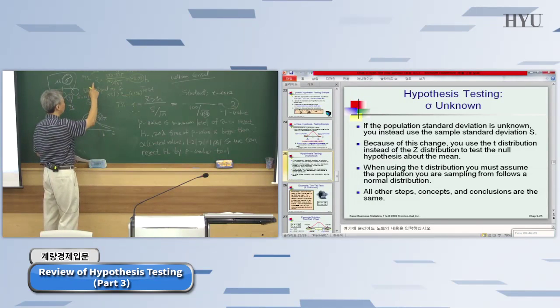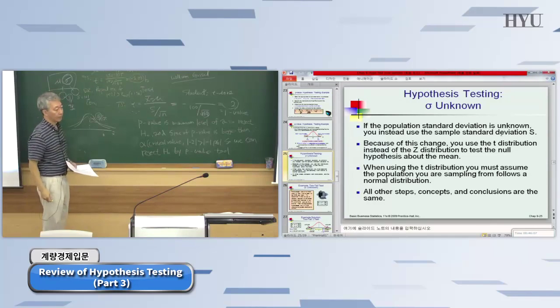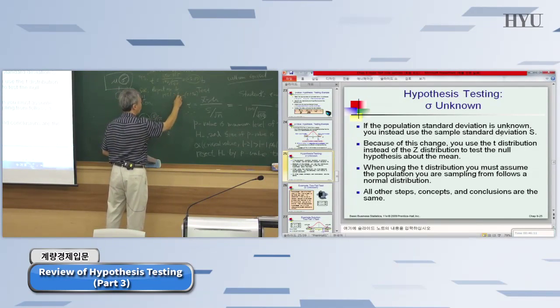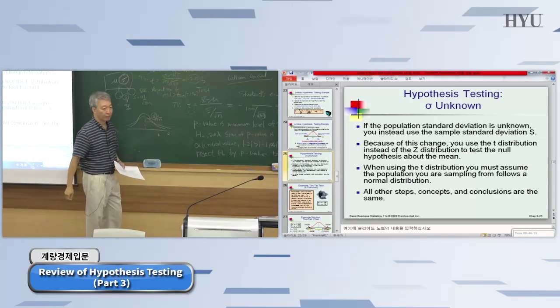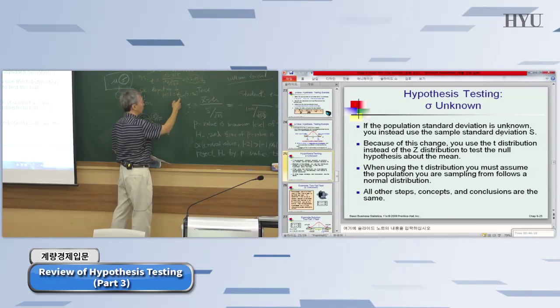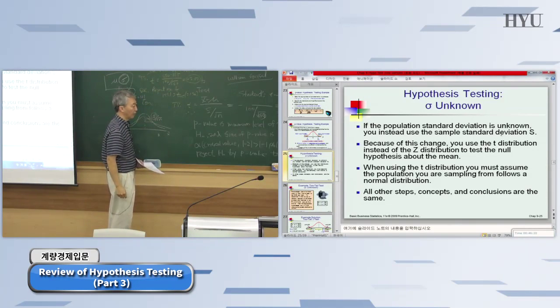you set up the null hypothesis and alternative hypothesis. You calculate the test statistic. And then if you're using the critical value approach, instead of the z-score, you're going to use the t-score for your critical value, and you make the decision that way.